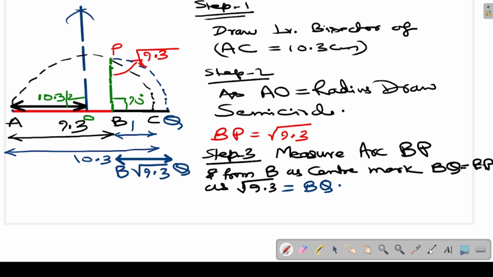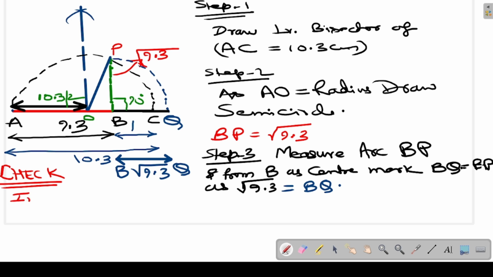How will we cross check it? Let us see. Cross checking is done very simply. How? Just connect O to P here. Now we have a right angle triangle OBP, right? We have a right angle triangle in front of us whose angle B, that is angle OBP or angle PBO, is 90 degrees, because angle PBC is already 90 degrees, which I have already shown, right?